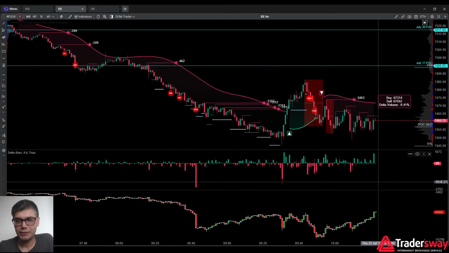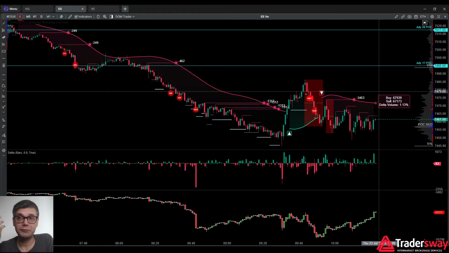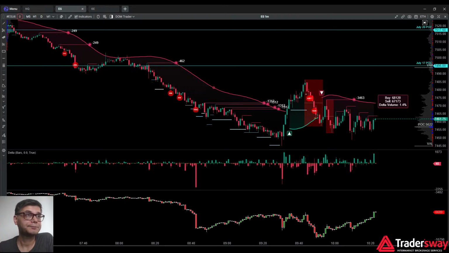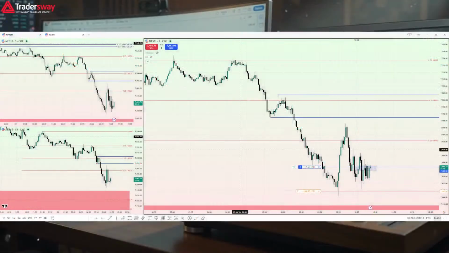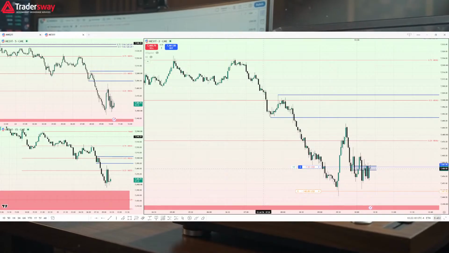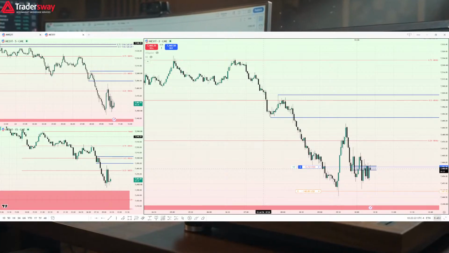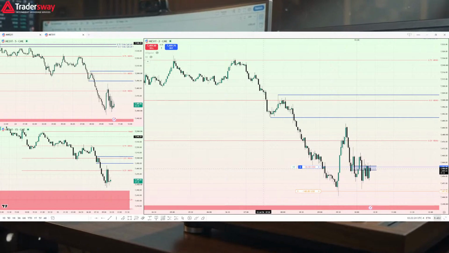Delta is increasing, but the price is not making a new high. This is very bad for that trade. I mean, it's horrible. This is a very bad trade.